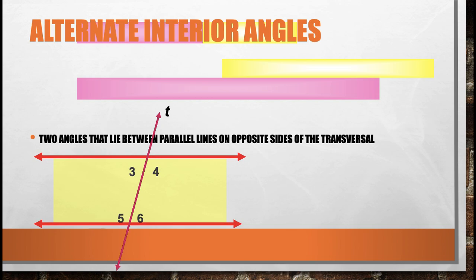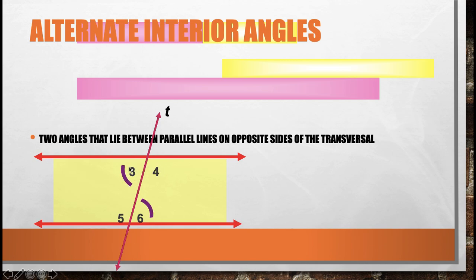These are the alternate interior angles. Which are the pairs? Angle 3 and angle 6. They are alternating: two angles that lie between parallel lines, on the opposite sides of the transversal. So angle 3 and angle 6 are alternate interior angles.